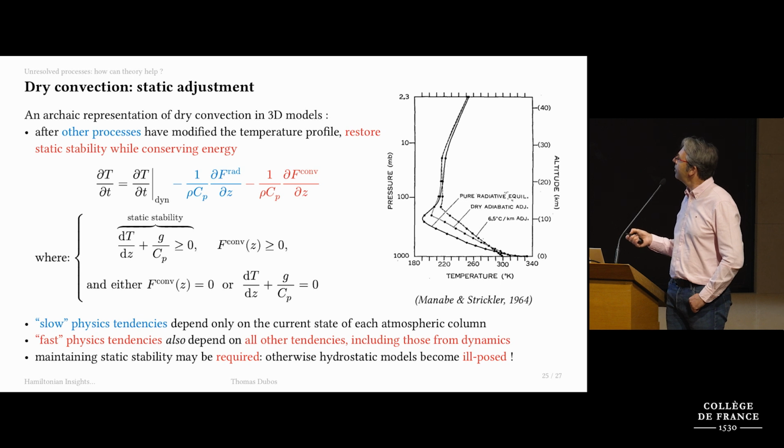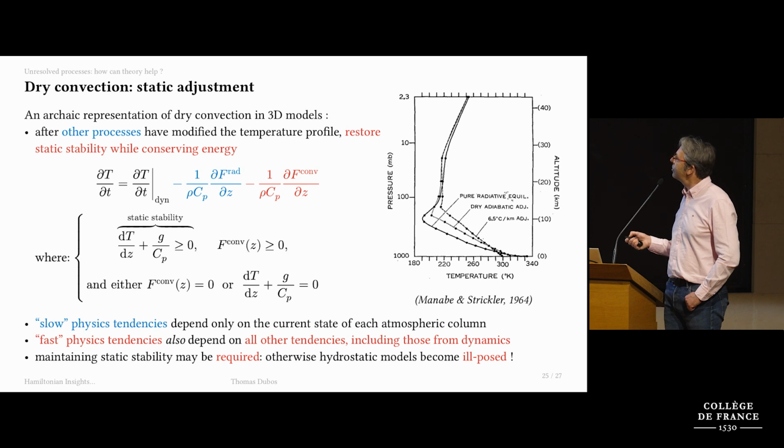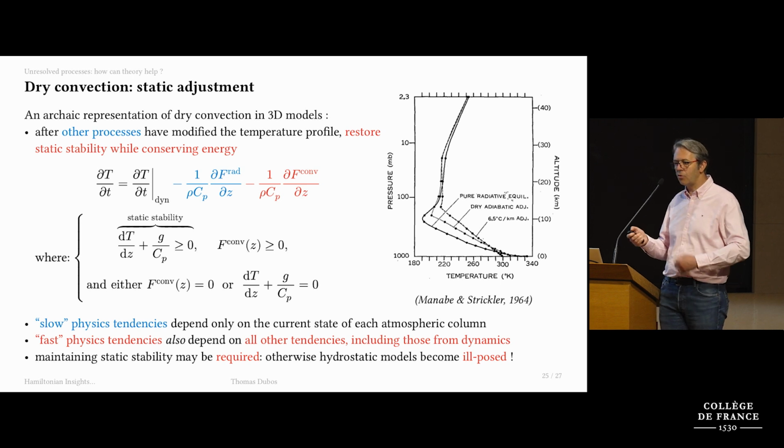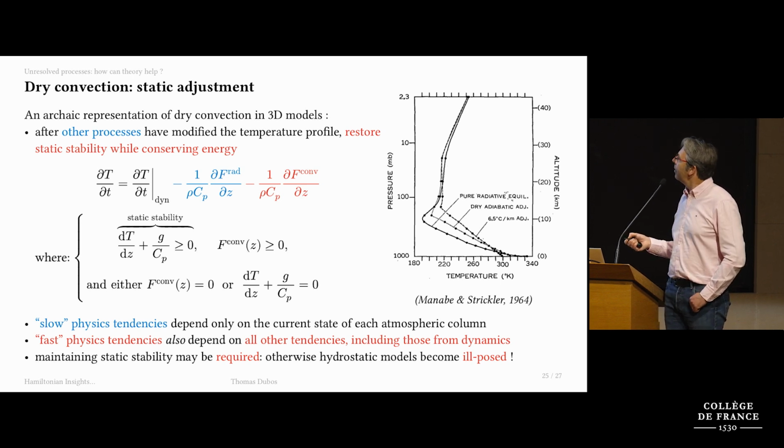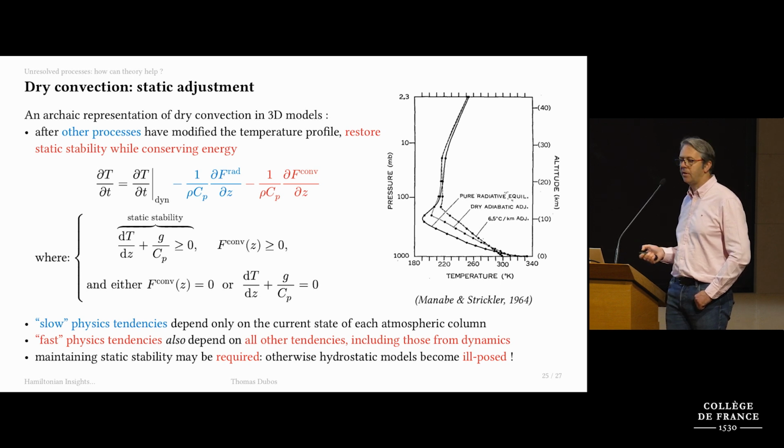But this term is the upward energy flux due to convection, and its divergence will warm or cool the column. And this flux doesn't have an explicit expression. It just says, okay, this flux is positive everywhere where it's necessary, which means everywhere that you are at the boundary of stability.